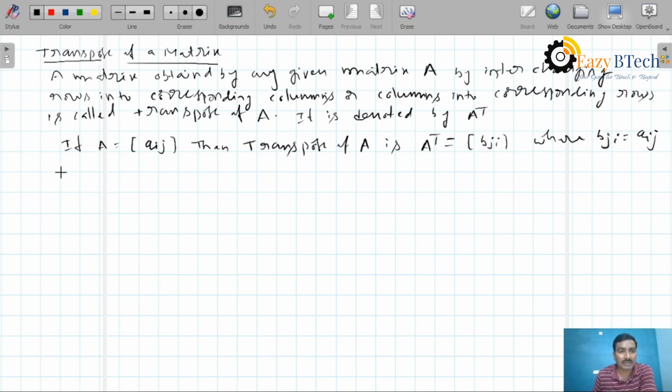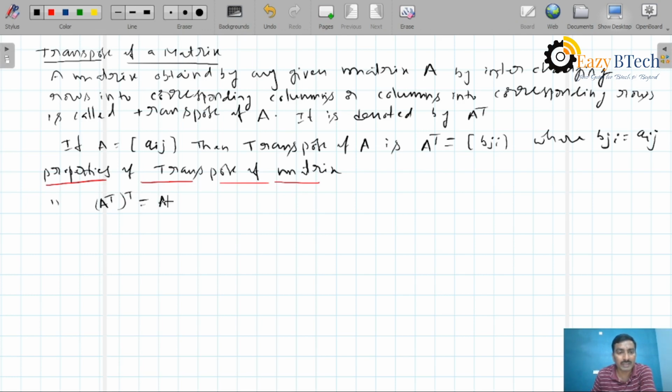Here are some of the properties of the transpose of a matrix. Property 1: A transpose whole transpose equals A. The second one: A plus or minus B whole transpose equals A transpose plus or minus B transpose.